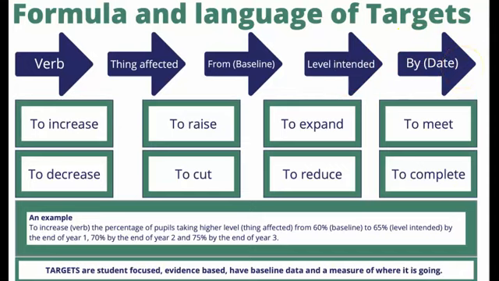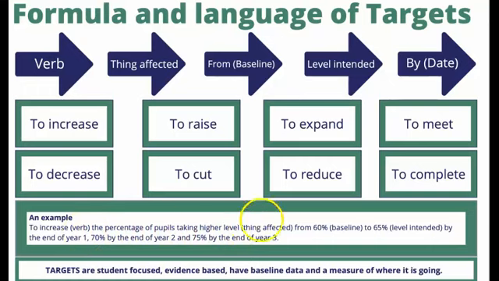So here is another example of a SMART target. To increase the percentage of pupils taking higher level from 60% to 65% by the end of year 1, 70% by the end of year 2, and 75% by the end of year 3. So to increase is the verb.